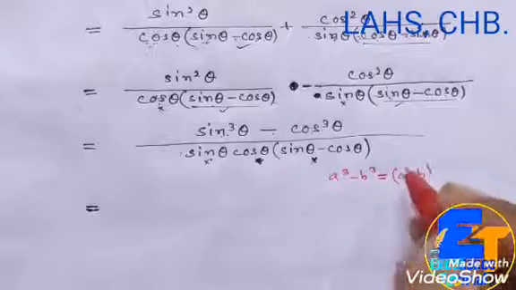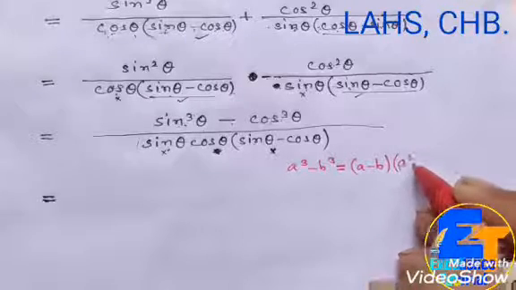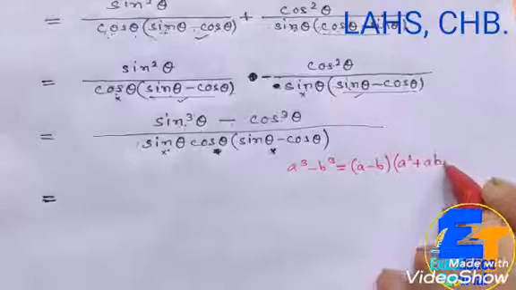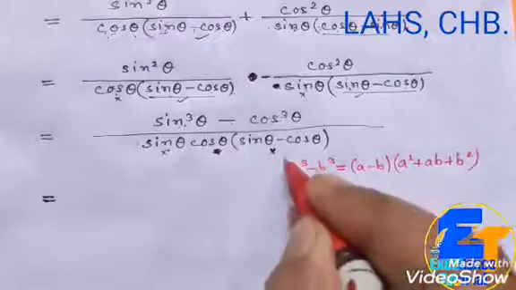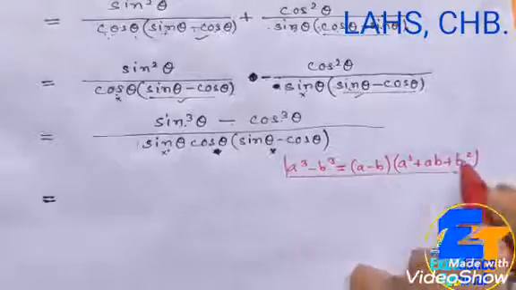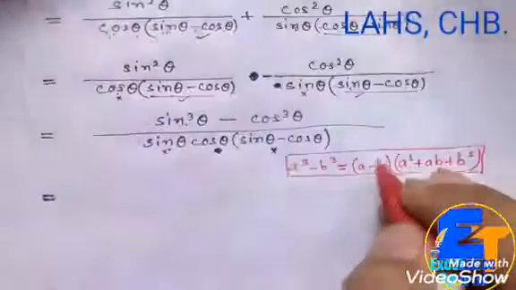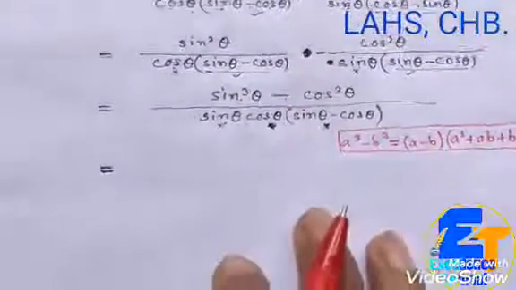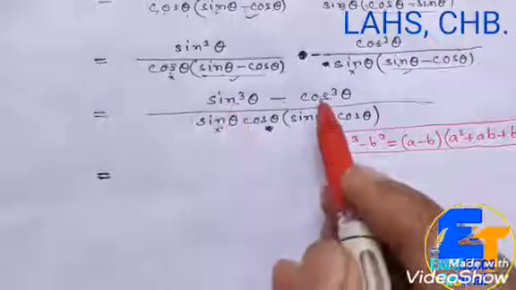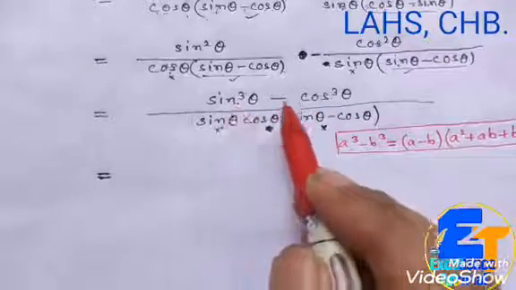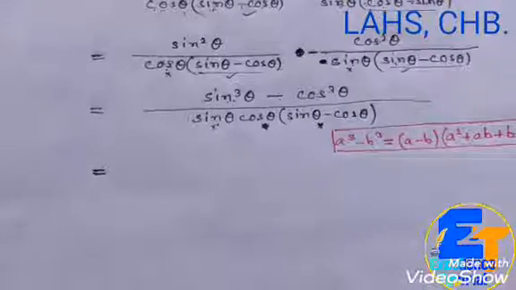a minus b in the first bracket, and in the next bracket a square plus ab plus b square. This is the algebraic identity for a cube minus b cube. You already got it in class 9. So we are going to express these two terms which exist in a cube minus b cube by using this identity.